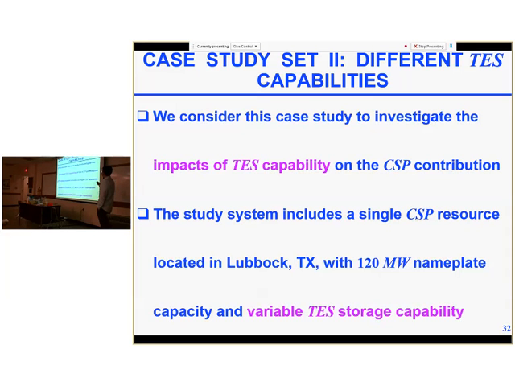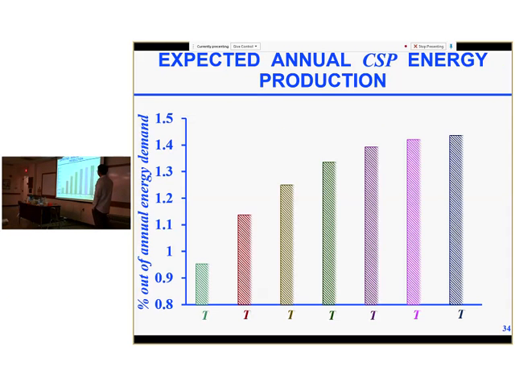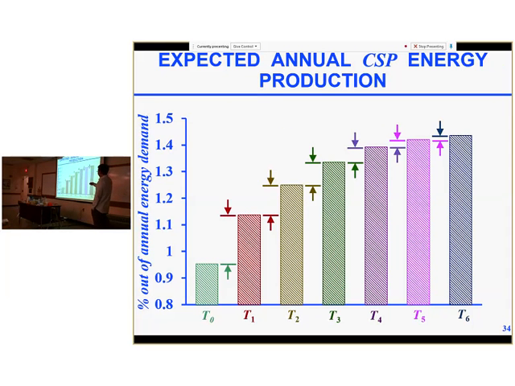We list the 7 cases here with the storage capabilities ranging from 0 to 6. We can see as the storage capability increases, the expected annual CSP energy production increases, but it reaches saturation around 4 hours.